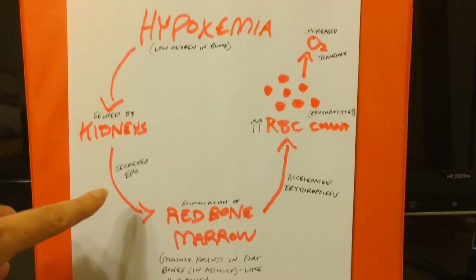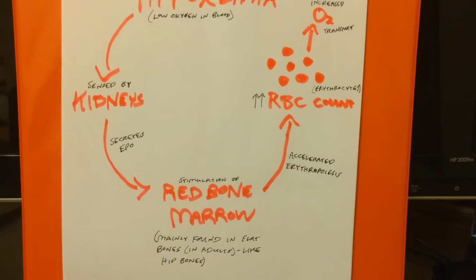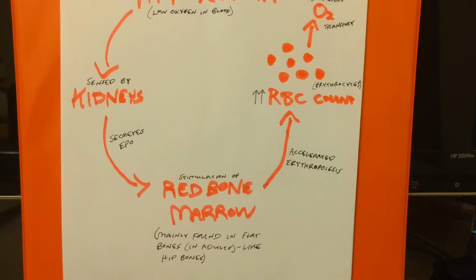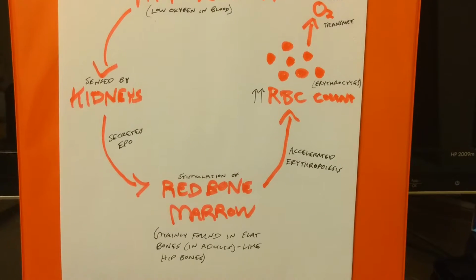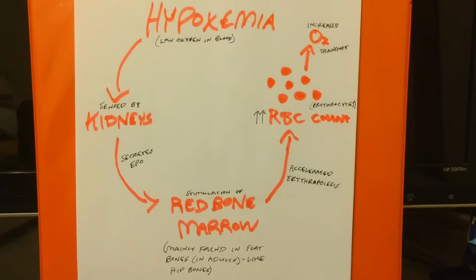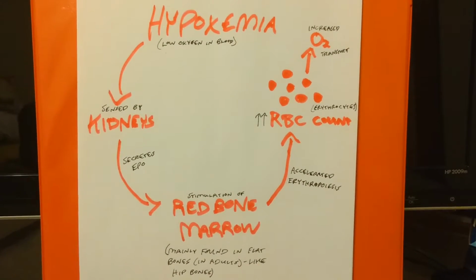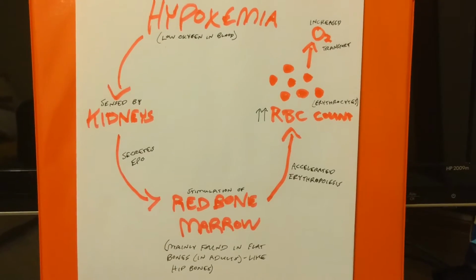So the kidneys then will secrete EPO, which stimulates red bone marrow. The red bone marrow is mainly found in flat bones. So in your textbook, you see the diagram with drawings, as opposed to my written diagram, shows the hip bones.